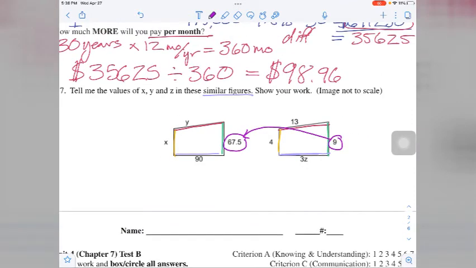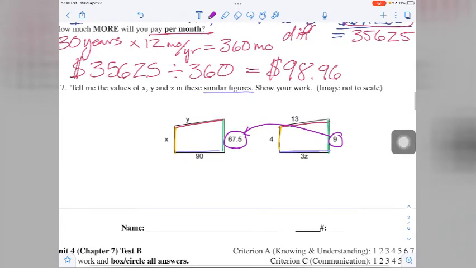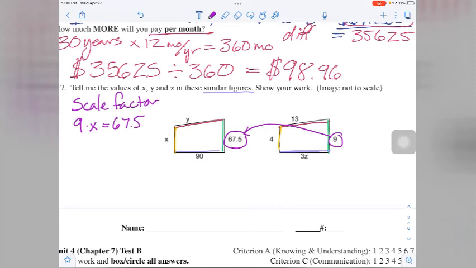So the question is, what number am I multiplying by to go from 9 to 67.5? To find the scale factor, 9 times what number equals 67.5?